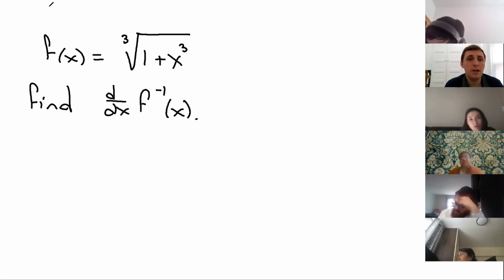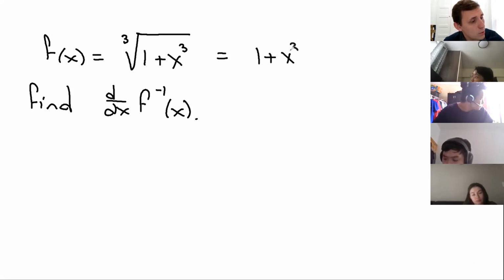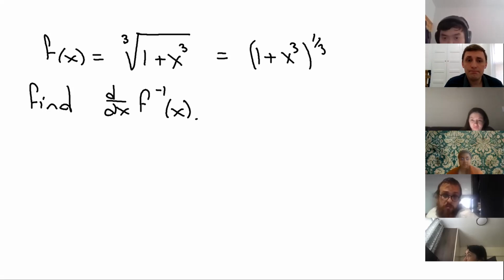It should take you less time than it takes. So first, you might prefer to write this expression as 1 plus x cubed to the power of 1/3. Agreed? Now, what's the first step?